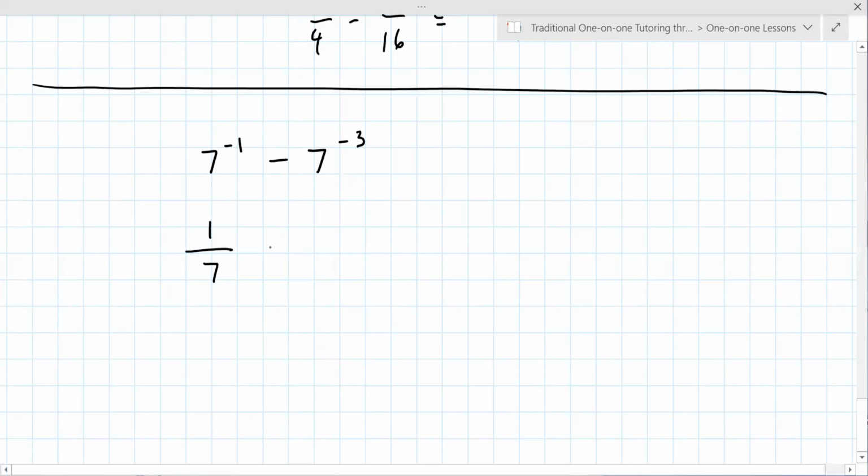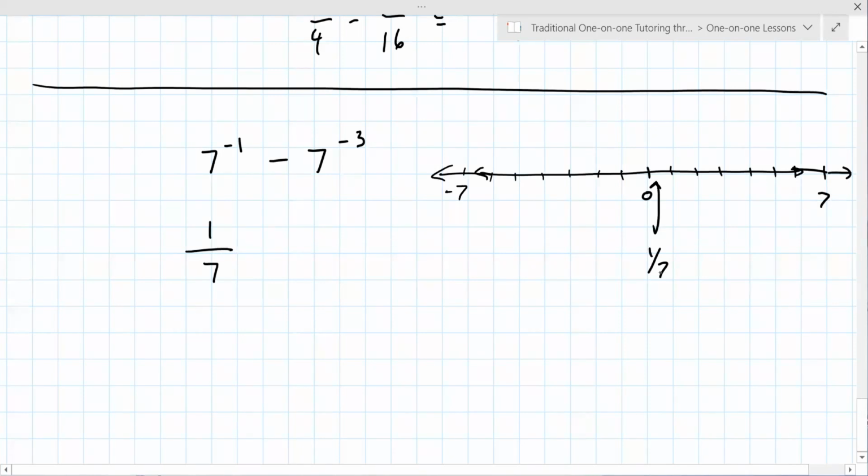No. Let's look at a number line here. Here is 0. If I go 1, 2, 3, 4, 5, 6, 7, there's 7. And if I go the other way 1, 2, 3, 4, 5, 6, 7, that's -7. Well, 1/7 is right there. They're not the same.